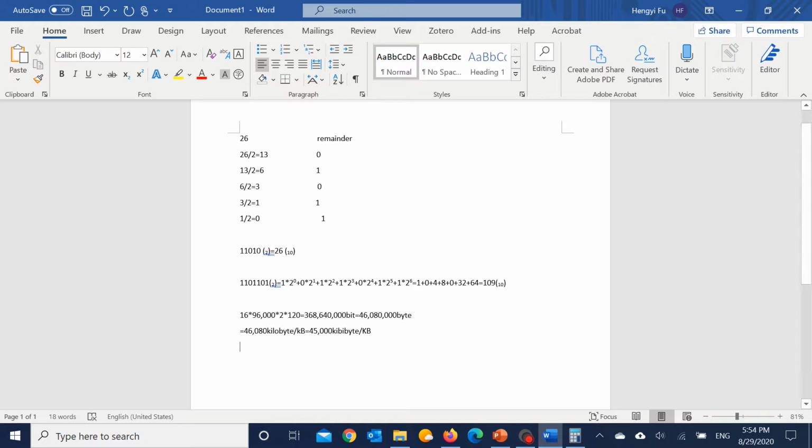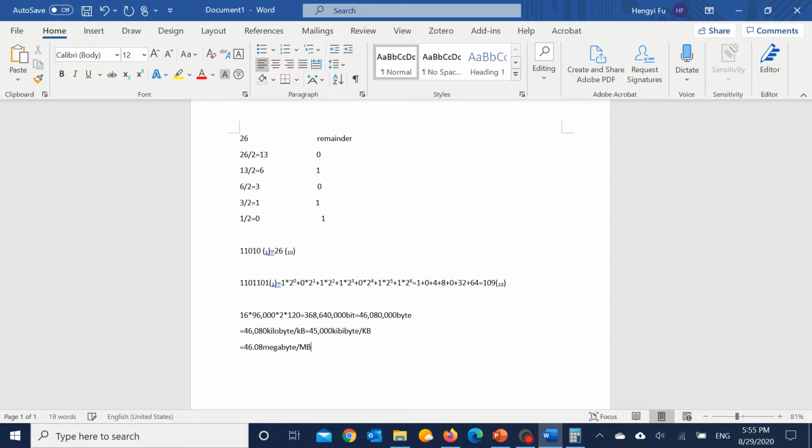If you want to stick to this set of units, you should divide this number by another 1000, which means it will be 46.08. It is called megabyte.